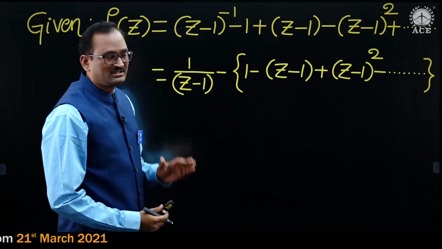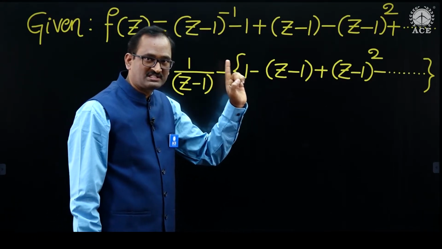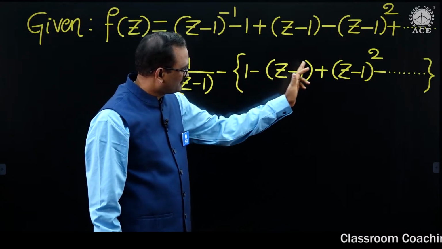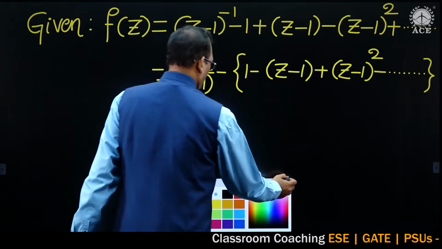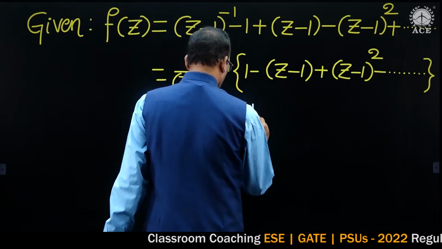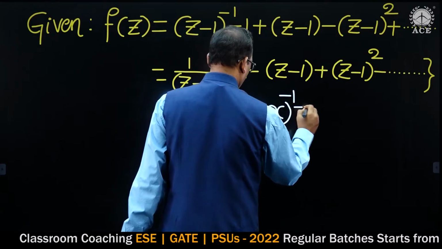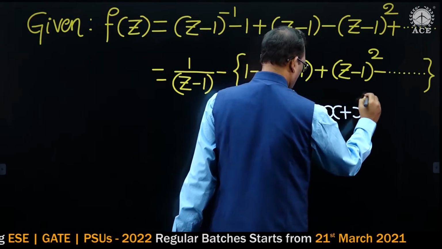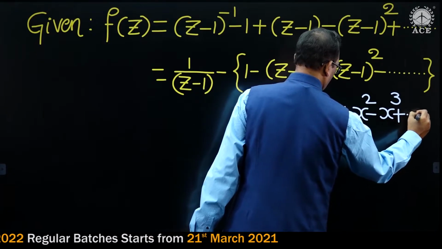Do you know the binomial expansion of (1 plus x) whole power minus 1? That is 1 minus x plus x square and so on. The binomial expansion of (1 plus x) whole to the power of minus 1 is equal to 1 minus x plus x square minus x cube plus so on.